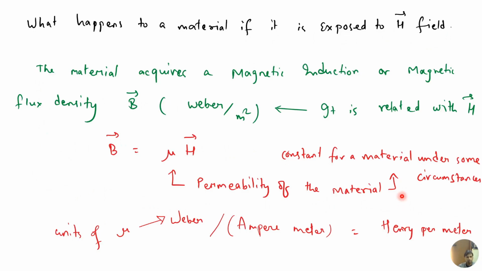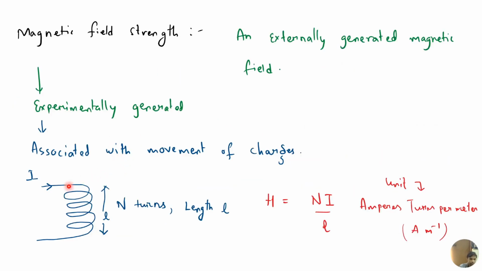Now what will happen to a material if it is exposed to that H field? The material will acquire a magnetic induction or magnetic flux density B, which has a unit of Weber per meter squared, and it is related to H through a quantity which is dependent on the material. The H field is a directional field.